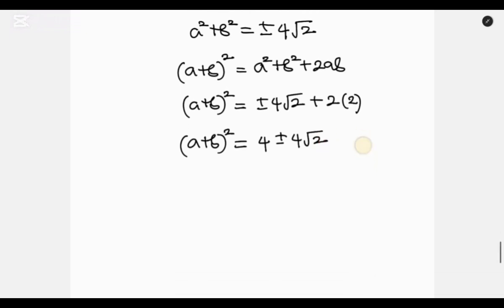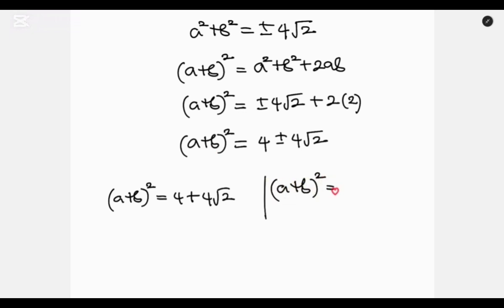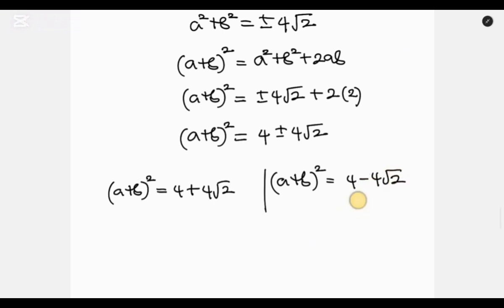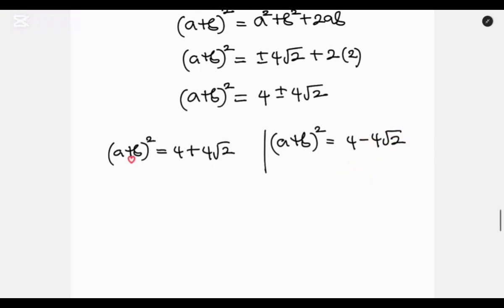Very good. Now, we need to do something, which is to separate these two answers. We have (a plus b) all raised to power 2 to be equal to 4 plus 4 root 2, or we have (a plus b) all raised to power 2 to be equal to 4 minus 4 root 2. Now, there is something we need to understand, that (a plus b) all raised to the power 2 is always positive.